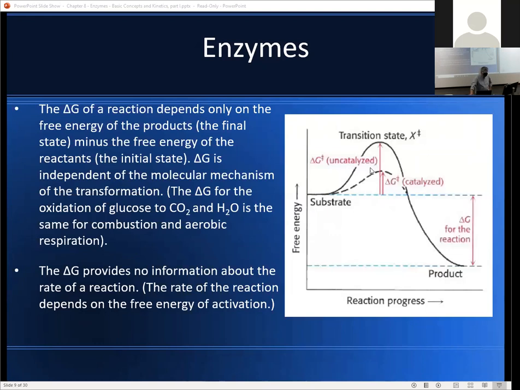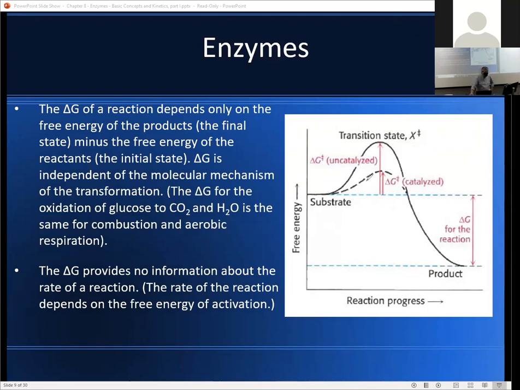And one more thing I want to emphasize before we move on. Enzymes catalyze reactions by lowering the energy of activation. So here we see in this reaction, we have this energy barrier. The energy of activation is the energy that we have to put in to overcome that energy barrier.